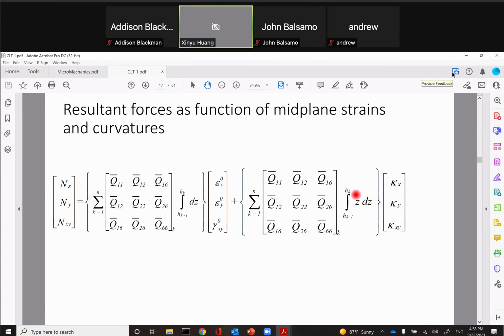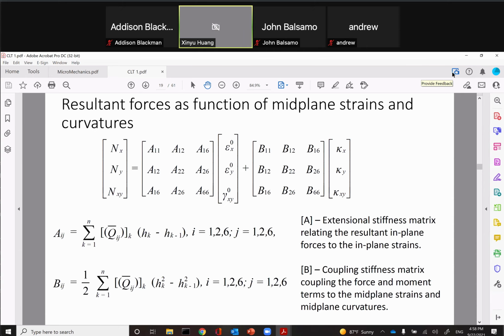You call this A and you call this B. So A is just another name for the integration of Q. Q is a layer property. You sum over all the layers. And this is the Q, you sum over all the layers, and this is the thickness location of the layers in the z direction. You call this matrix B.